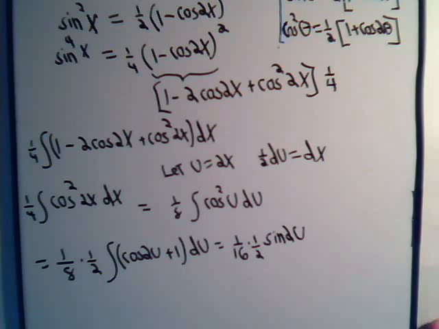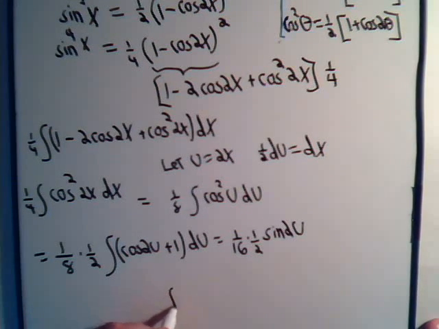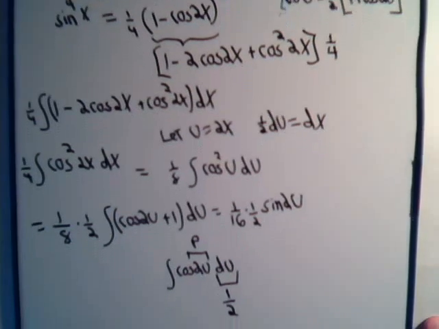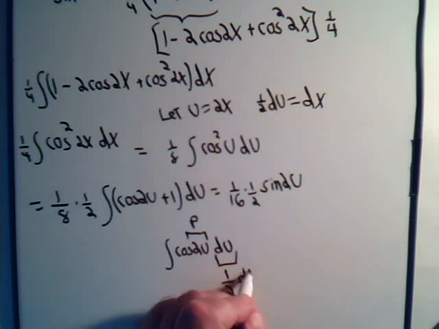And the reason why we divide by 2, we have this integral here. If we call this p, we have the cosine of p, that will be 1/2 dp.